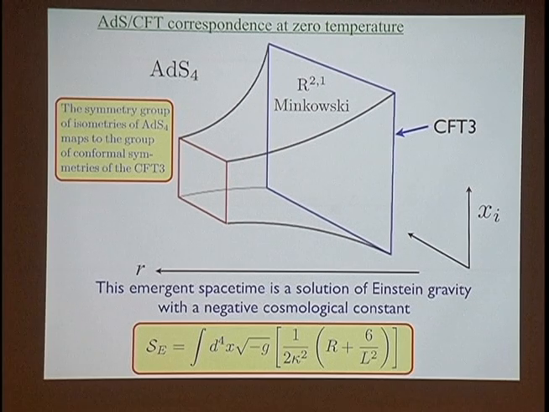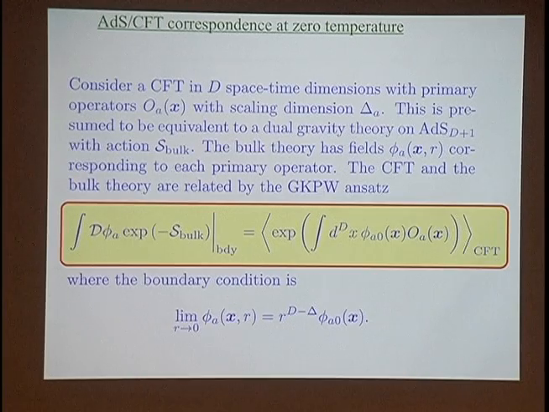So now you have 2 theories. One is a theory with gravity living in AdS4, and a conformal field theory living on the boundary, and those in some sense describe the same Hilbert space. That's the claim of the correspondence of Maldacena and many others.